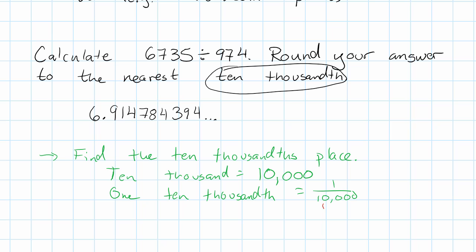Why do I care about that? Well, I see that I have 4 zeros in my denominator. That means I want 4 digits after the decimal point. Count them out. 1, 2, 3, 4. There it is.